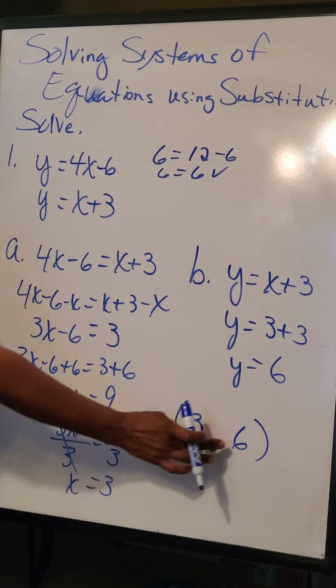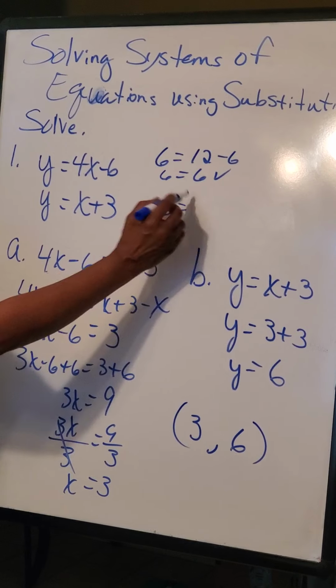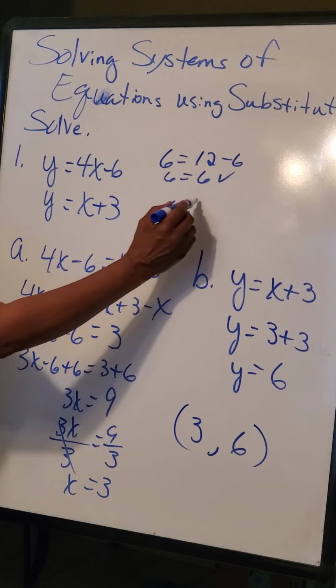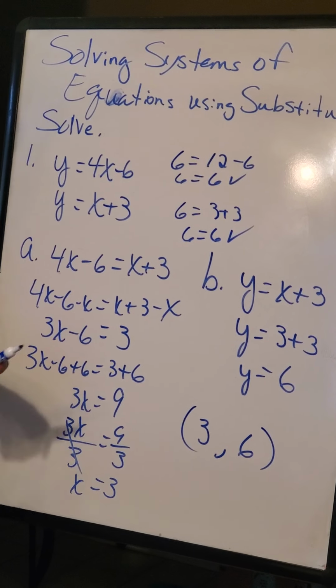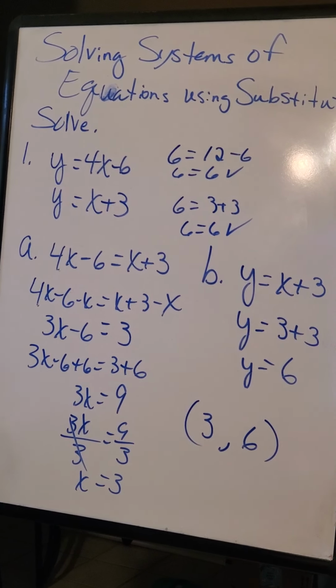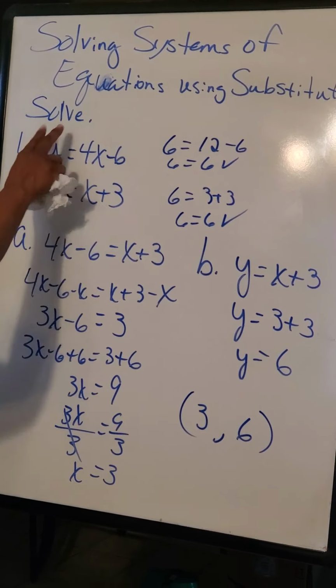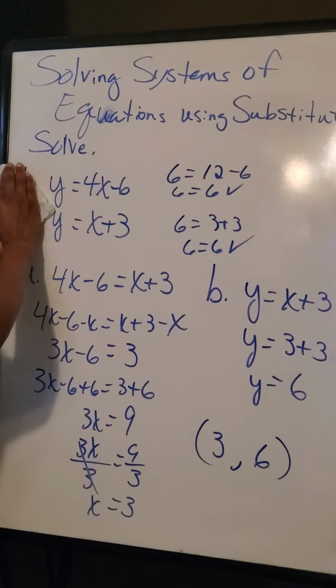Using the second one, put that 6 in the place of my y, substitute the 3 for my x, so I get 6 is equal to 6, it checks. So you can always go back and check your solution.